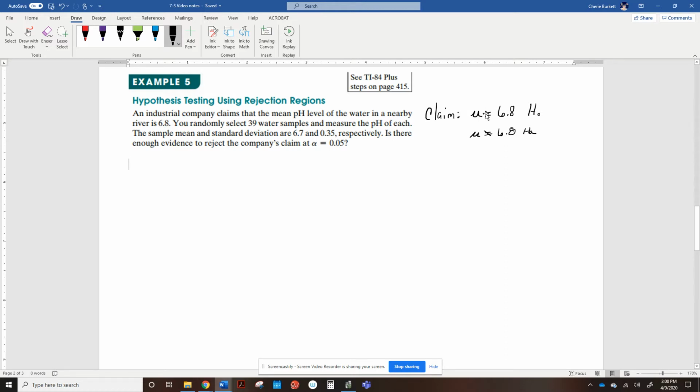Since that contains equality, we label that as the null hypothesis. The opposite of being 6.8 is not being 6.8. So that does not contain equality, so that is the alternative hypothesis. Since it is not equal to, this is going to be a two-tail test.